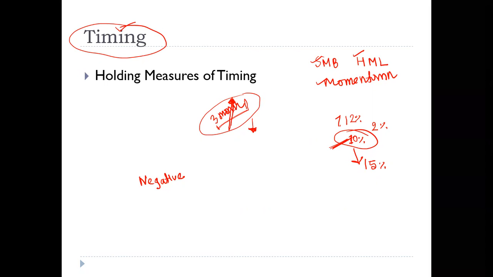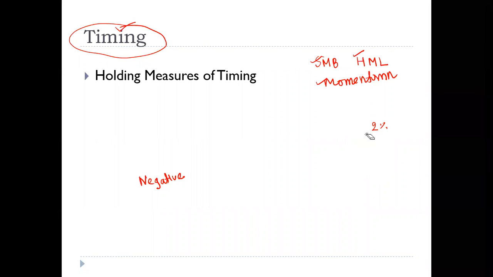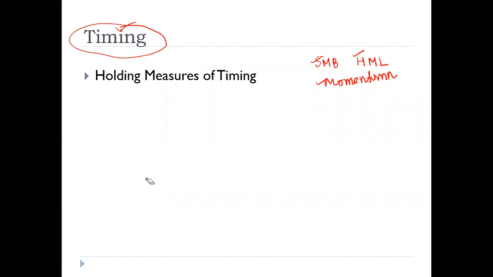So that is the way managers want to time the market. There are some other factors other than sentiment. One kind of strategy related to sentiment is like this. Another factor is like that. For example, you are expecting to see that in the coming years or coming 6 months, small stocks will give higher return and big stocks will give poor return.